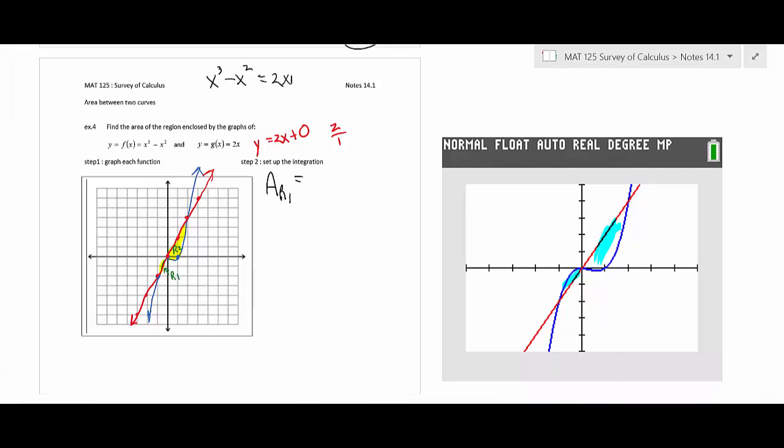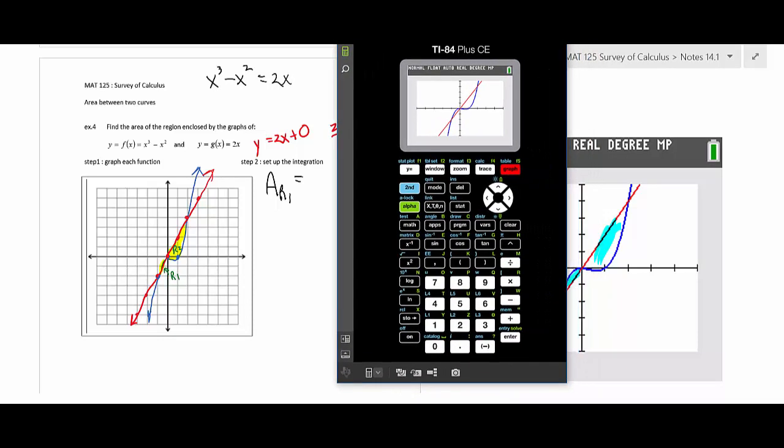So this time I'm going to use technology. If you don't have this in your calculator, go ahead and get both of those things in, adding the 2x, and then I'll show you how to get the intersection points. So what you do is you go second trace, and then you go to option 5, which is intersect. And if you do that, you press enter.